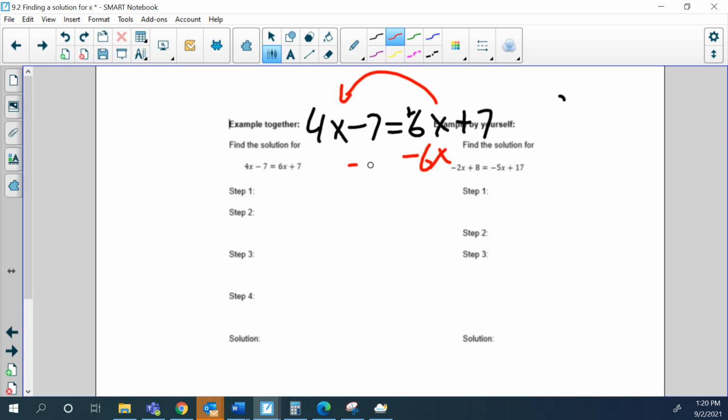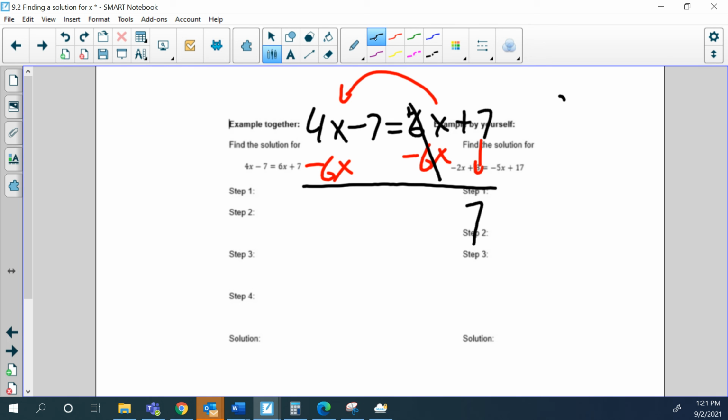So I'm going to have a negative 6x right there. Draw my line. Now, this goes away. Plus 6x and minus 6x becomes 0. So all I have left on the right side is just a plus 7, and I'm going to bring that down. So I'm going to get 7 on the right side.